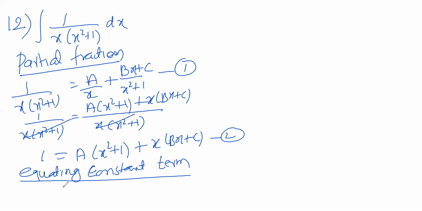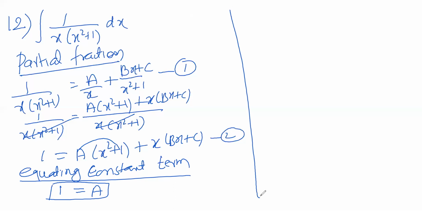Left hand side constant is 1, and on the right hand side the constant is a into 1. Here there is no other constant, since multiplying with x we get cx only. So only one constant, a. So a is equal to 1. The value of a is 1. Now equating the x term.